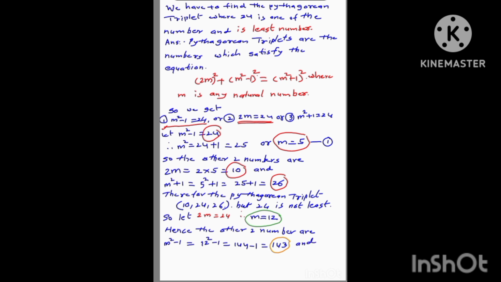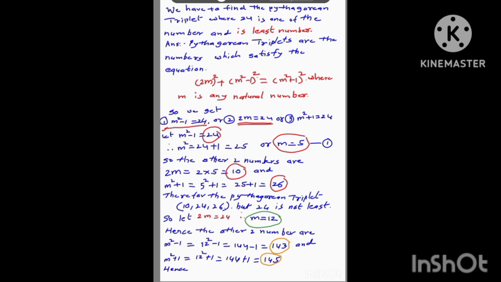And m square plus 1 is 12 square plus 1, that is 144 plus 1, which is 145. So what is the Pythagorean triplet? It's 24, 143 and 145.